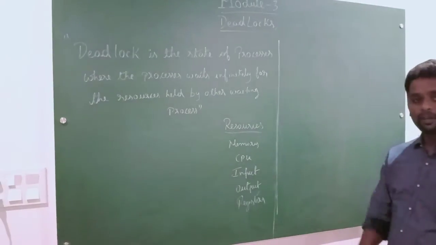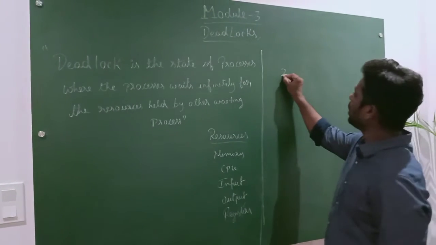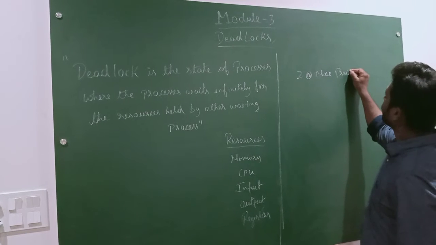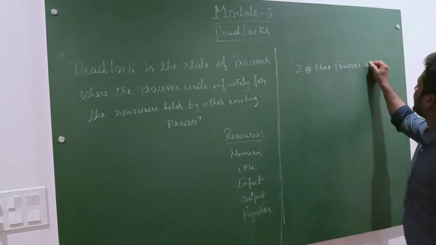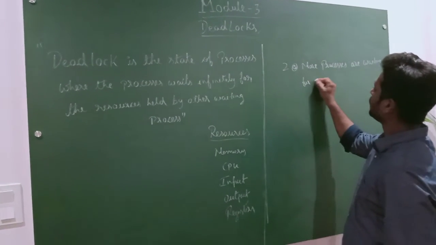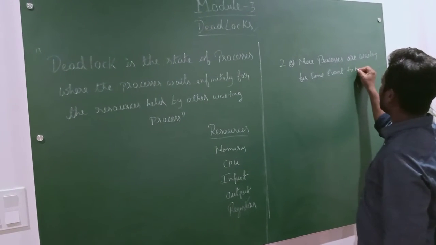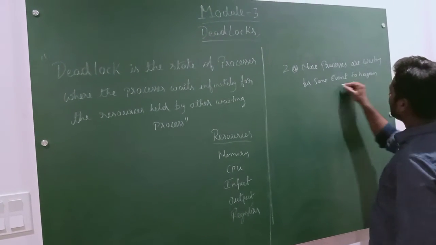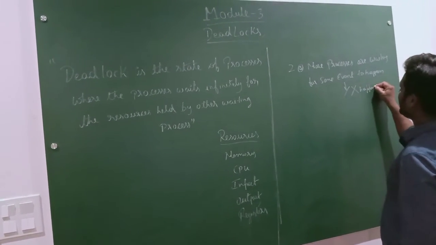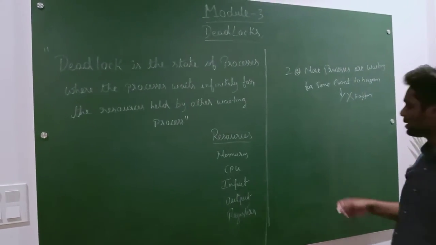In a simple way, the definition of deadlock is: two or more processes are waiting for some event to happen, but that event will never happen. Then the process will enter the deadlock state.